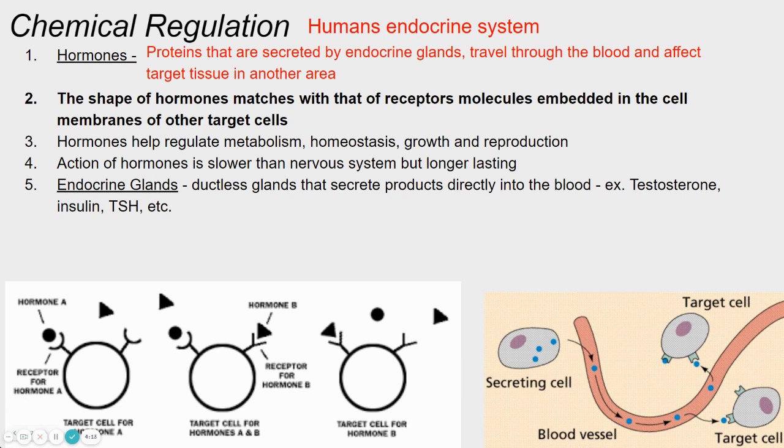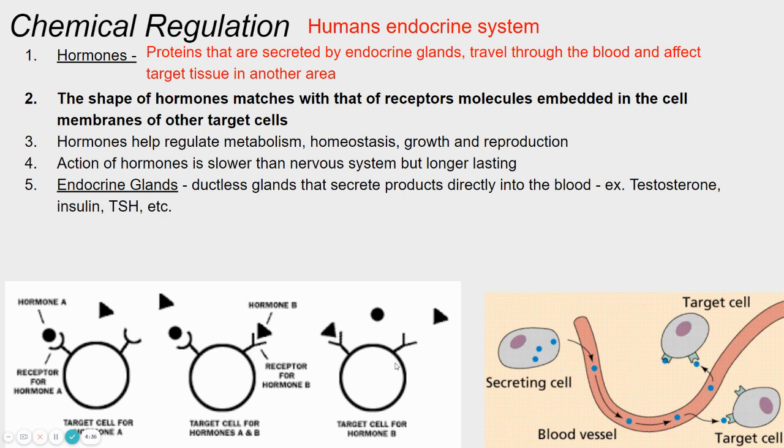We can see it over here as well. So this cell has receptors for hormone A, but it doesn't have a receptor for this other hormone, hormone B. So this hormone isn't going to affect this cell. It is going to affect this cell because this has the proper receptor.